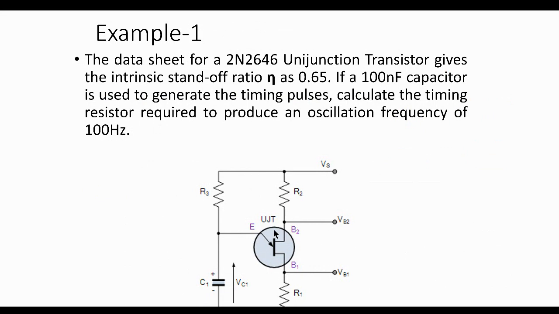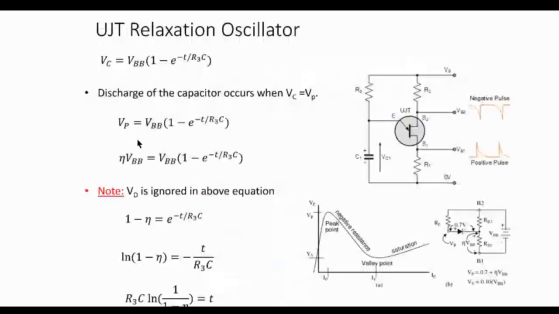We're told that this capacitor here is 100 nanofarad, and that's used to generate the timing pulses. Calculate the timing resistor required to produce an oscillation frequency of 100 hertz. So basically this time, using this expression, if we figure out what T is, we can work out the frequency.